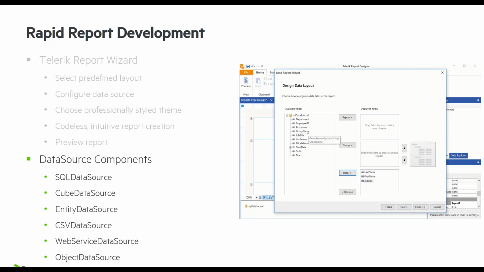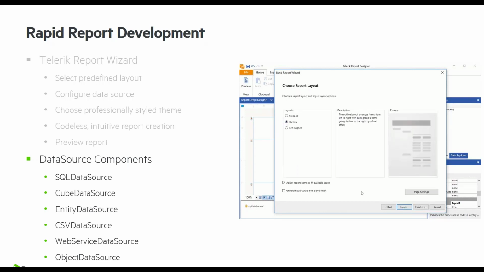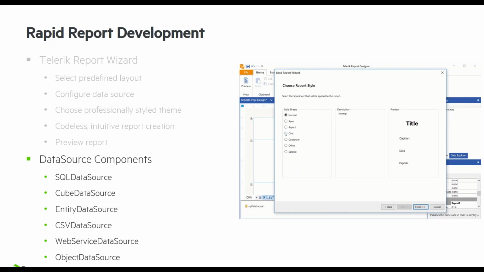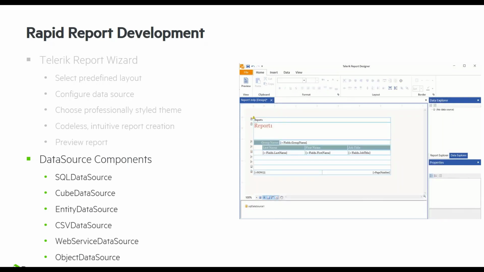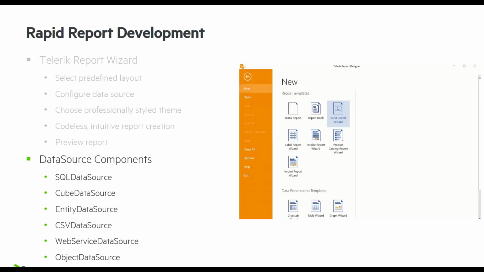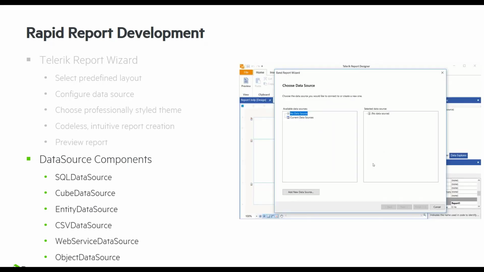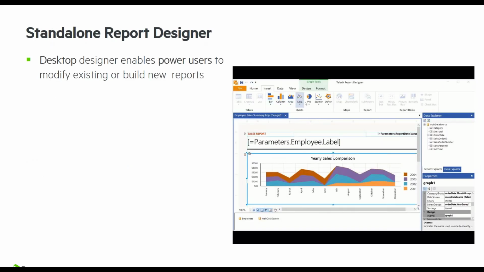There's also a new web service data source that allows you to very quickly and easily bind to a REST service that returns JSON or OData. And then there's a really flexible object data source that does a get data, which you implement on your own, and you can bind to any middle tier. So, extensive capabilities for that.